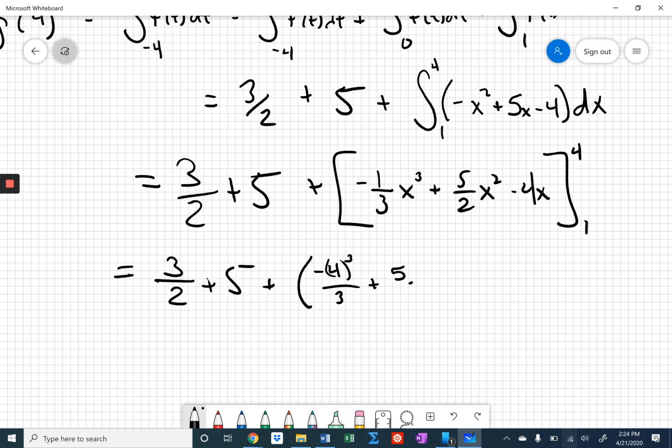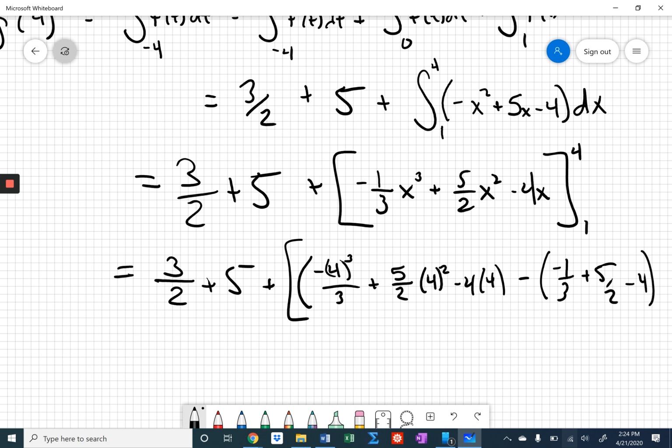Plus 5/2 times 4 squared minus 4 times 4, and then minus, and then you plug in 1, you're going to get a negative 1/3 plus 5/2 minus 4. You could stop right there. That's the correct answer. Except make that 5/2 look a little bit more like 5/2.